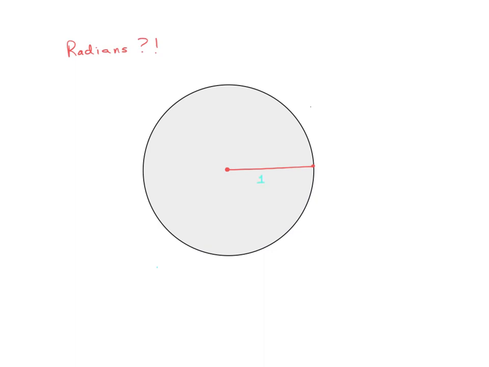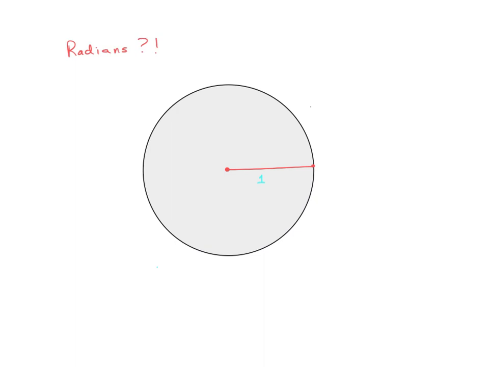Now, a unit circle is this idea where we have a radius of 1 unit, and that allows us to unveil or uncover some of the nuances, some of the beauties of a circle.